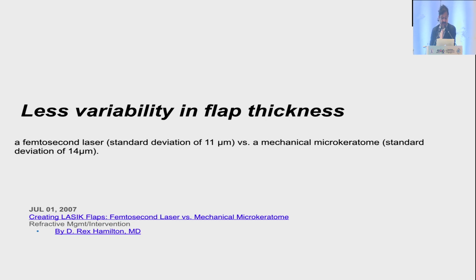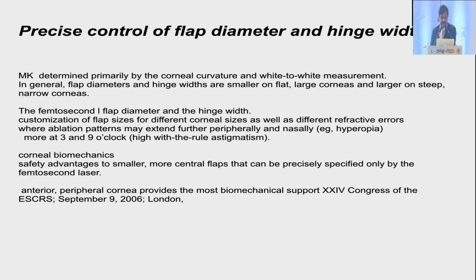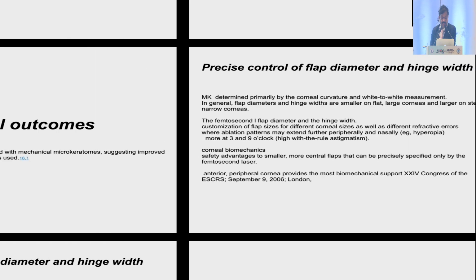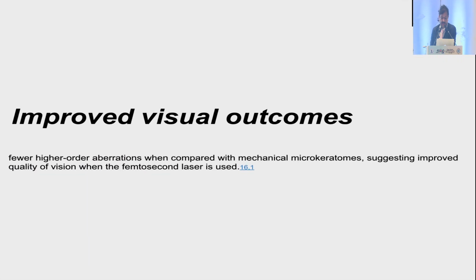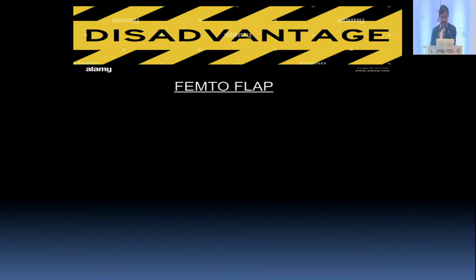The standard deviation with the femtosecond is close to around 11 microns as compared to mechanical, which is close to around 14 microns. You can control the flap diameters and the hinge width. And it is found that the higher order aberrations, when compared with the mechanical microkeratome, are slightly less, which translates into an improved visual outcome.